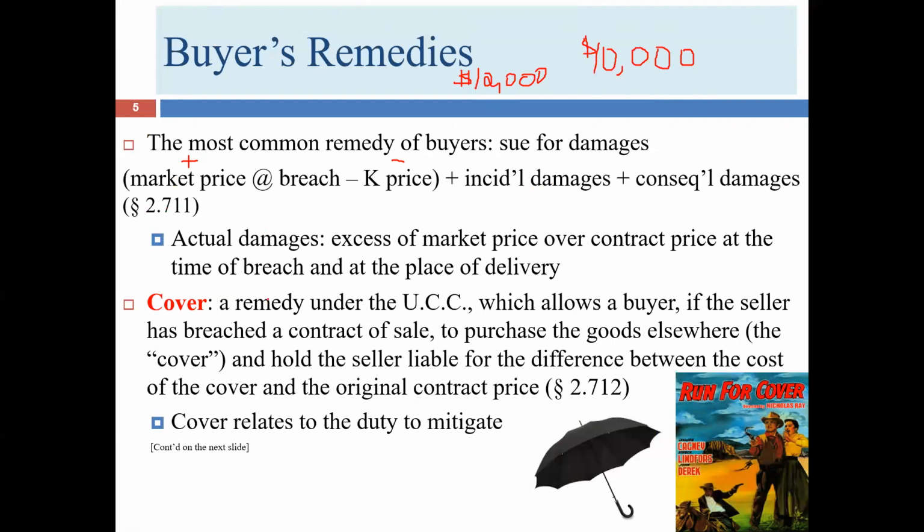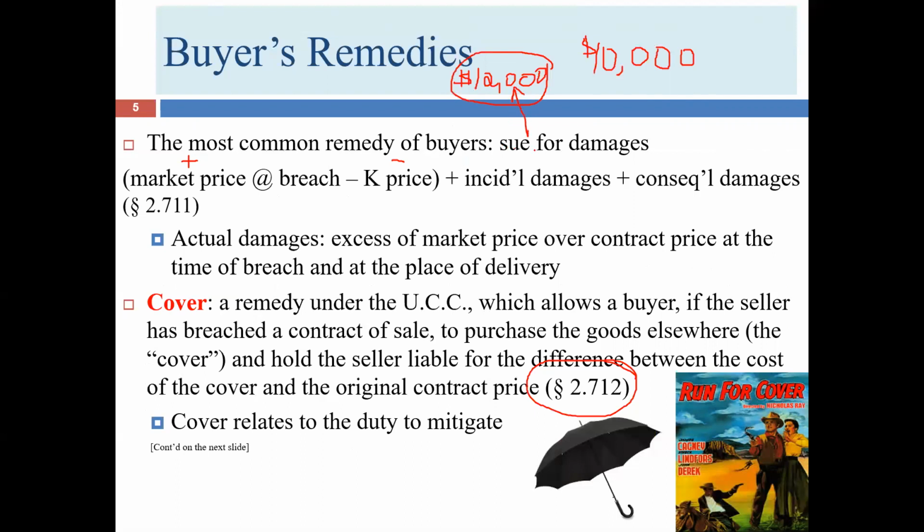We also have, and of course related to this, the idea of cover, which we have here at 712. This is the idea that it's not just a matter of figuring out what this price is. Probably what the buyer is going to do is actually buy here.